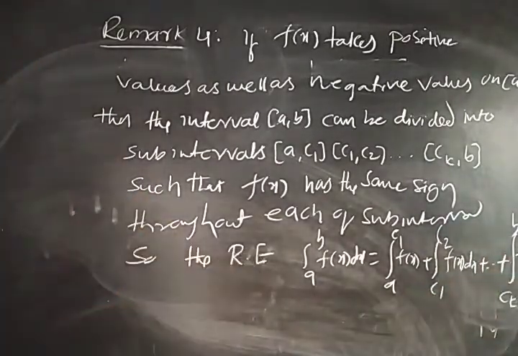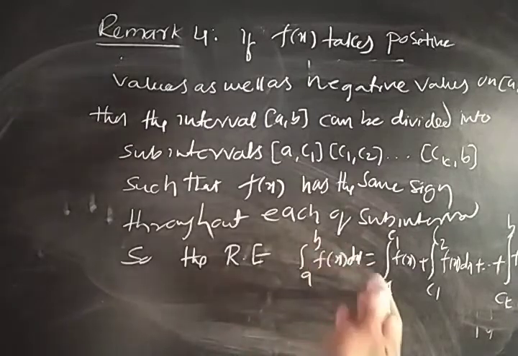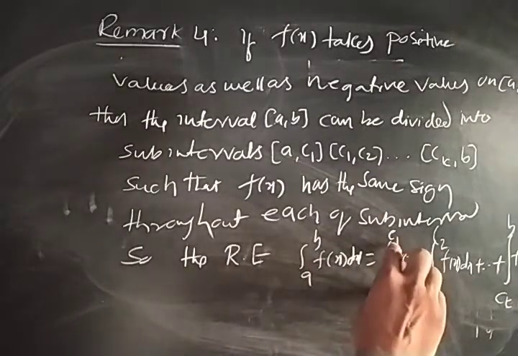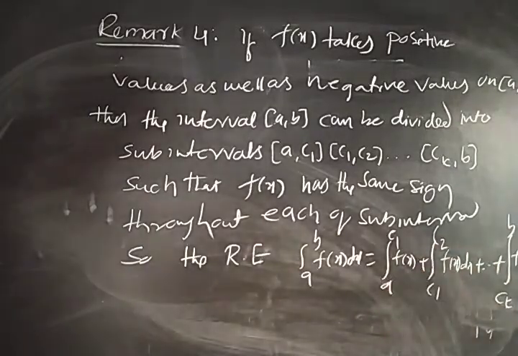So this is the Riemann integral, the definite integral. In each subinterval there is one integration, and the sum of all the subinterval integrations gives the Riemann integral.